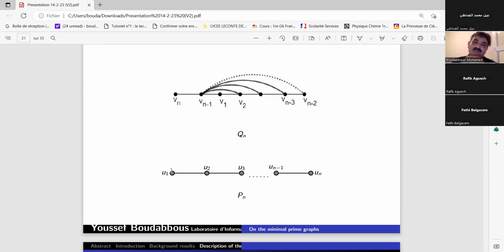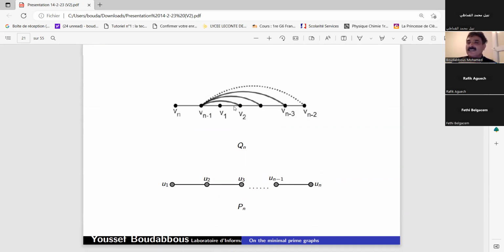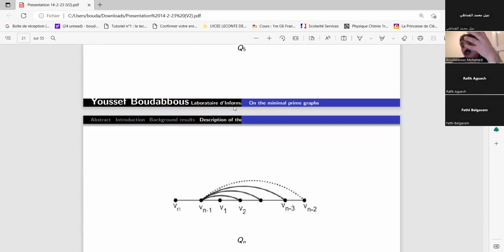This Pn is minimal for the pair U1 Un and its complement, okay, G or G bar. Or G is isomorphic to Qn with AB equal V1 Vn, the same position. We give the isomorphism and the position of the vertices in AB. Okay?